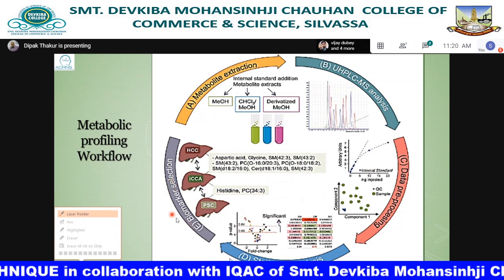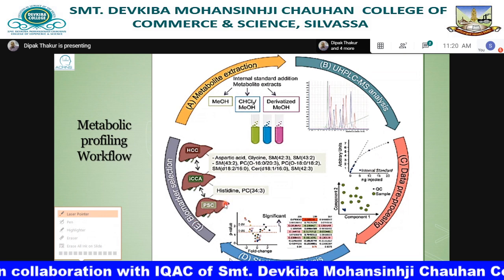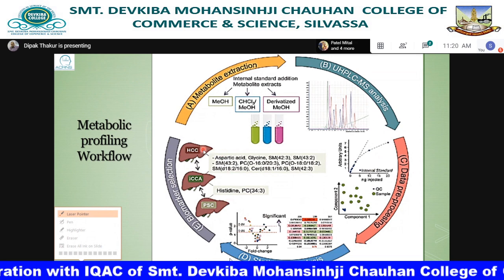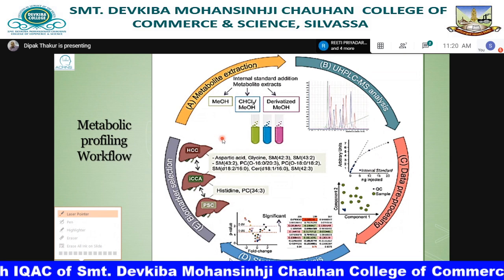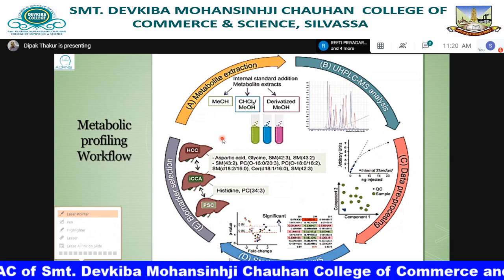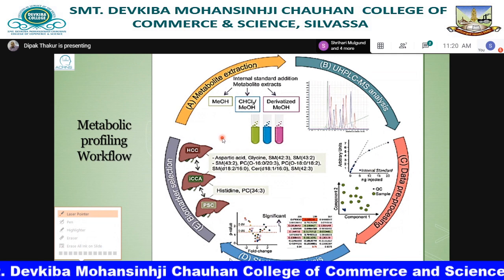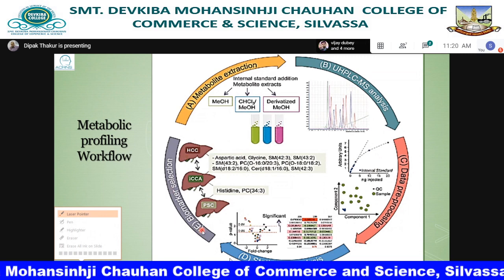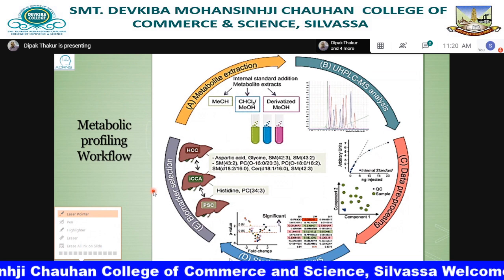We say that between the normal person's blood sample and the cancerous person's blood sample, we see significant differences in the profiling of metabolites, and those metabolites which are significantly different are identified as biomarkers. So this is the cycle of metabolite profiling.